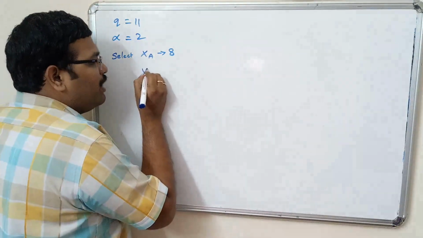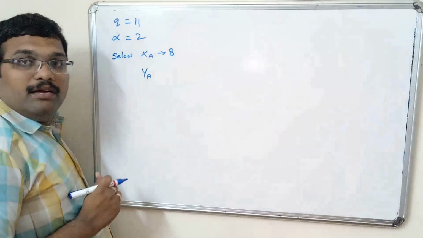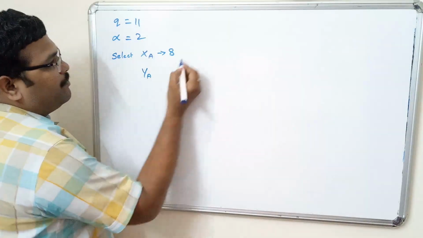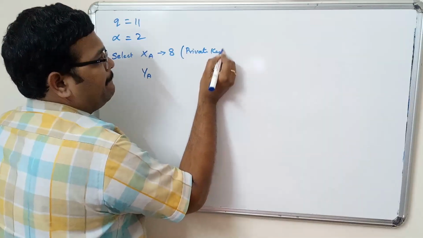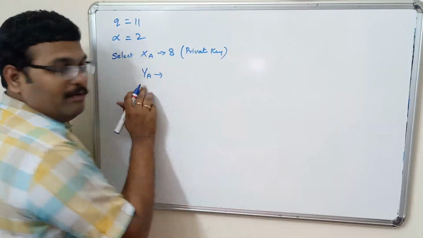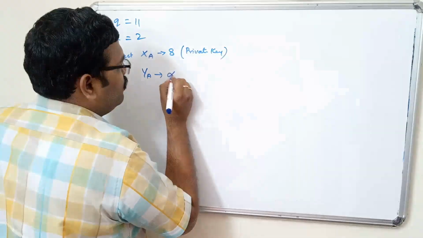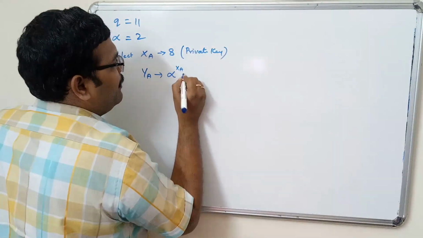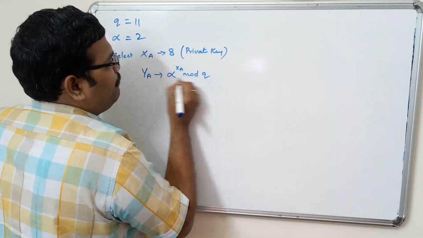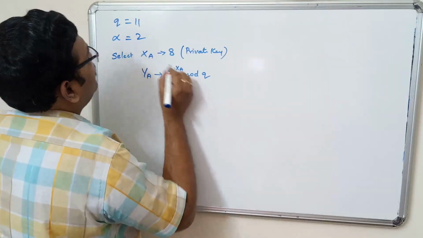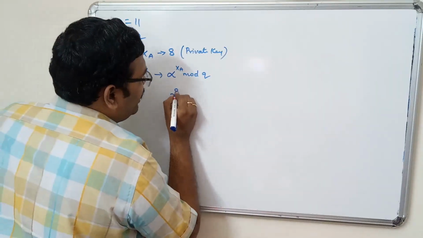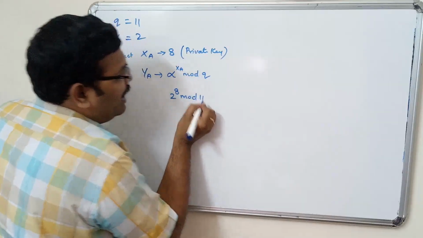Now I have to calculate the public key YA, which is equal to alpha power XA mod q. So alpha is 2, and XA is 8: 2 power 8 mod 11.